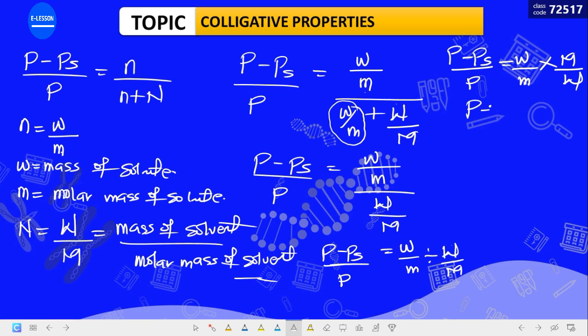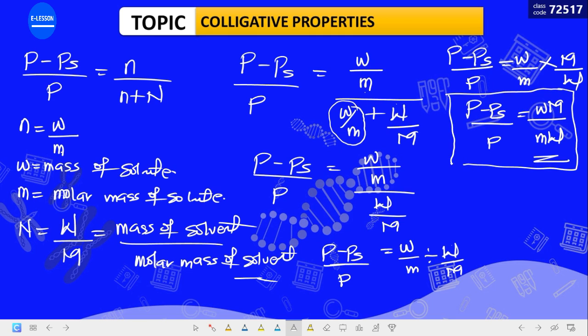So at the end of the day, P minus Ps all over P becomes wM all over mW. So when they say the solution is very dilute, you use this formula. However, when they say the solution is not very dilute, or if it's not stated, you use this bigger formula for vapor pressure lowering to calculate the molecular mass. Is that understood?